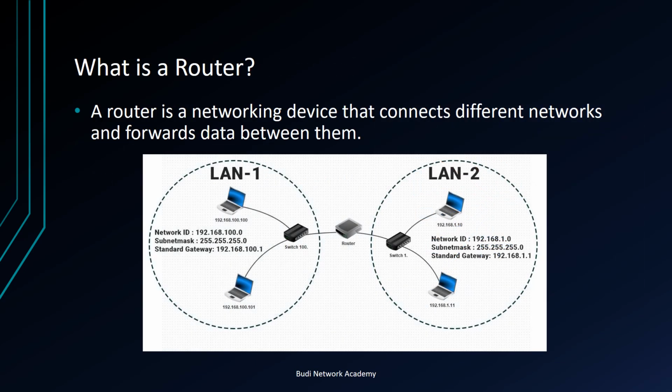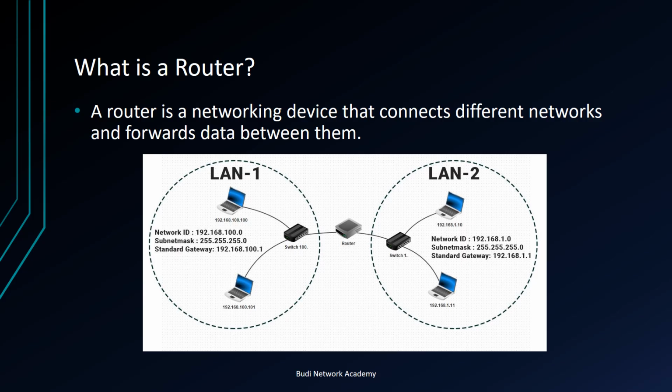So, what exactly is a router? A router is a networking device that connects different networks together and forwards data between them. For example, your home network is one network, while the internet is another network.